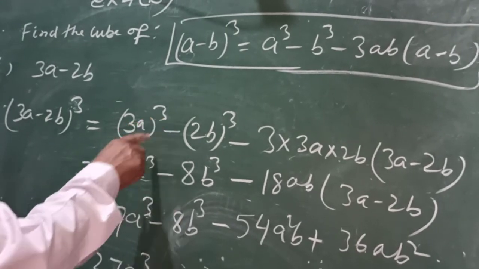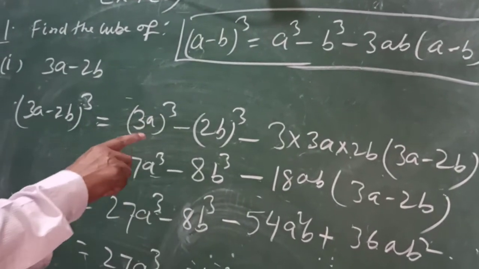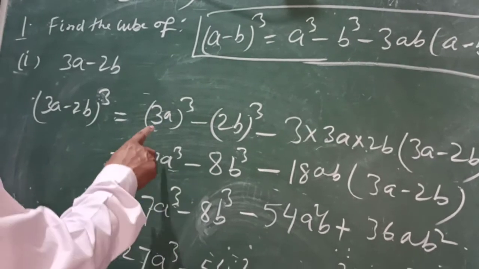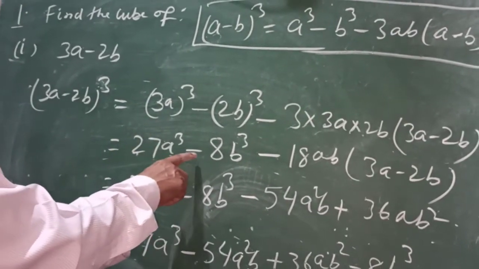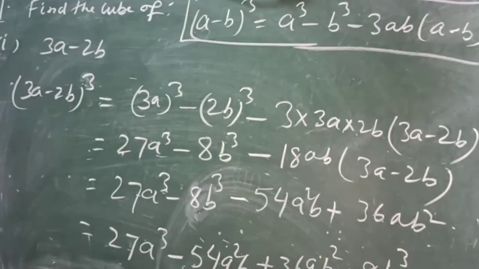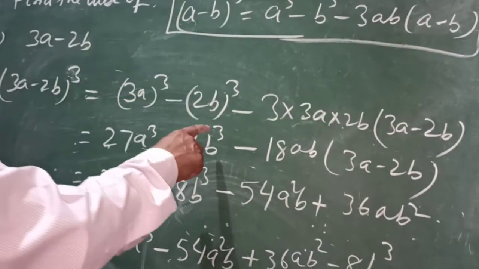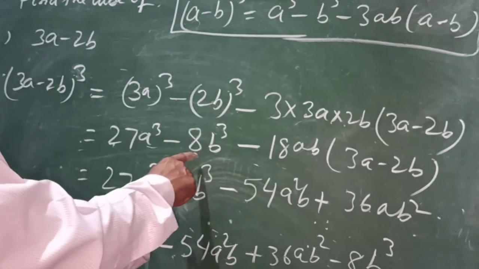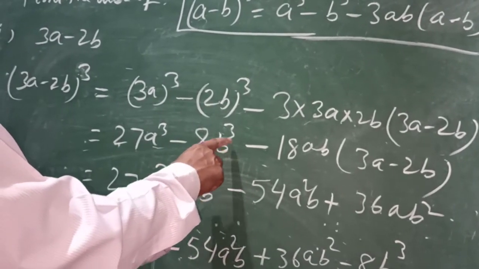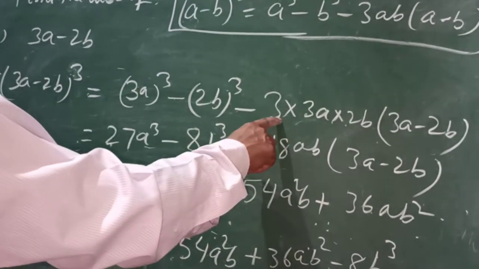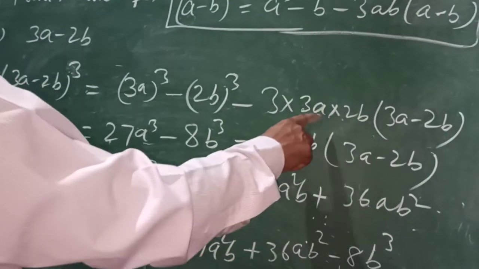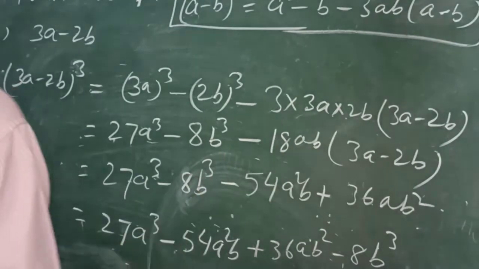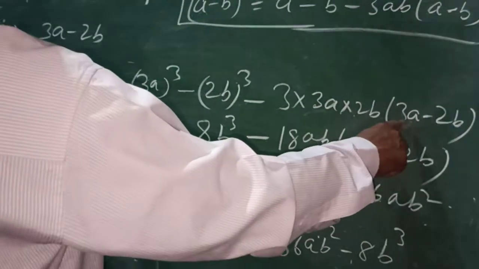3a whole cube, you can write 3a into 3a into 3a, 3 times. It means 27a cube, minus 2b into 2b into 2b, 3 times, you will get 8b cube, minus 3 into 3, 9, 9 into 2, 18. A into b, write ab, bracket 3a minus 2b.